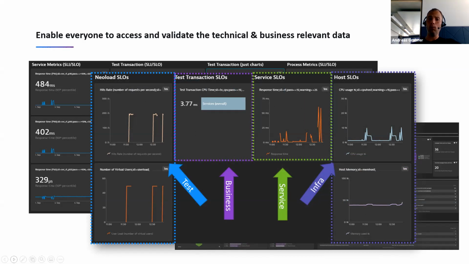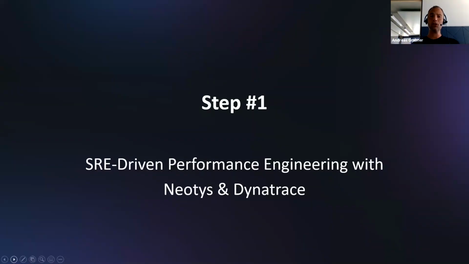One starting point is obviously a dashboard, but then the next step would be to even automate the analysis of this dashboard to make a clear go or no-go decision. Actually, this is a dashboard that we'll see later in the demo from Henrik, where we have test metrics, business metrics, service metrics, and infrastructure metrics. So SLIs in one view every time we push through a new version of a service. I think this is where we need to go.